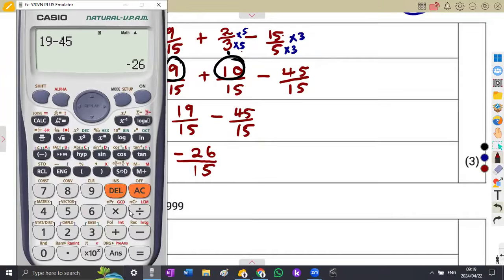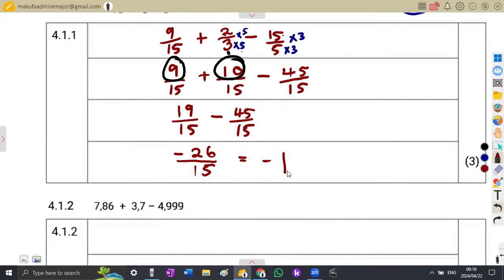Minus 26 divided by 15 like this. It is the same thing as shift. You press this, okay? Shift, then you press this SD like this. It's minus 1 and 11 over 15. So you can even write it as minus 1 and 11 over 15 if you want, or just leave it at this stage. It's fine. All right, that is how you're supposed to answer this.